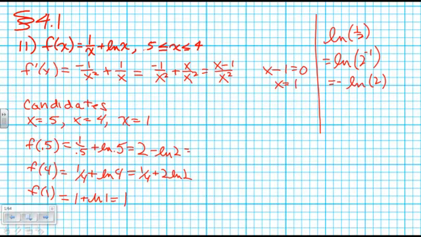So, which one of those three values, 2 minus natural log of 2, 1/4 plus 2 natural log of 2, and 1, which one of these values is the largest? Do you need a calculator for that? This one's the largest. How did I know that?